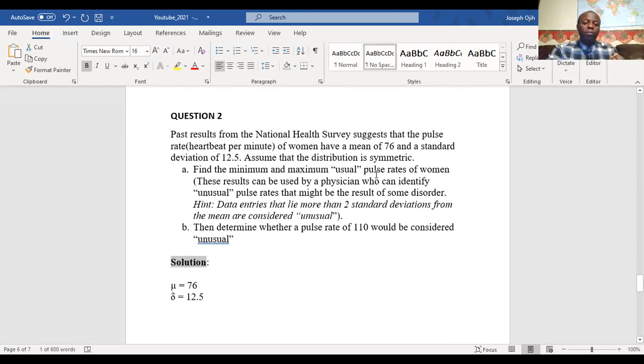It says use the word usual. Now, this is part A. Let me write it down.